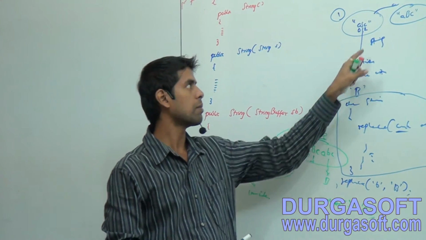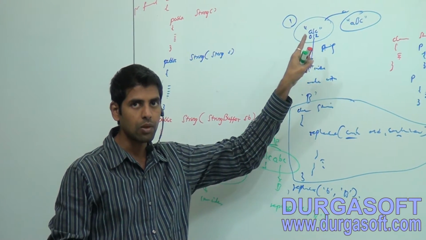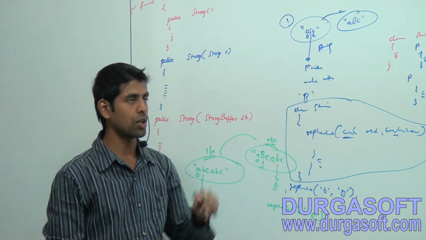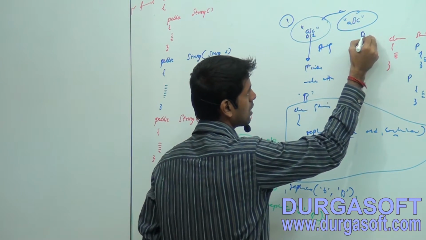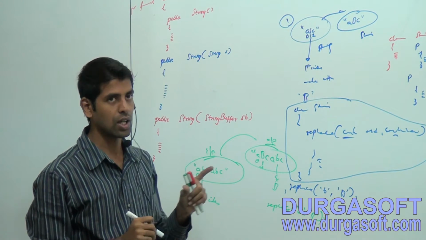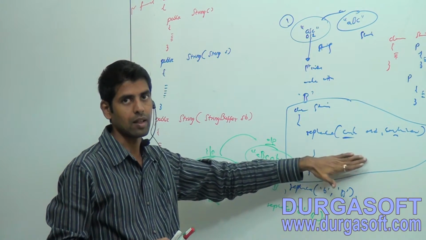I want to replace this first index element with capital B. Yes, if it is a string object, sure, I can achieve this by using one of the predefined methods of the string class. What is that method? Replace method.